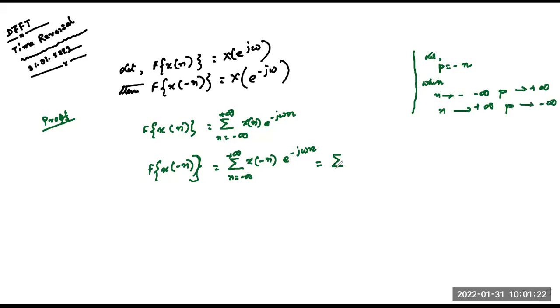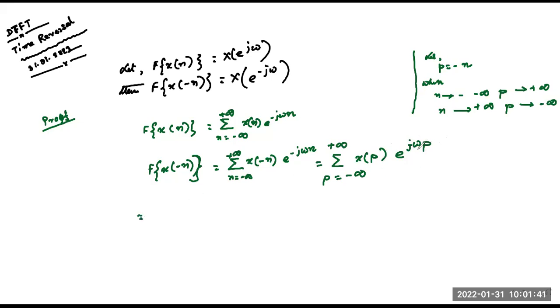So the summation of p equals minus infinity to plus infinity, x[p] into e to the power jωp.